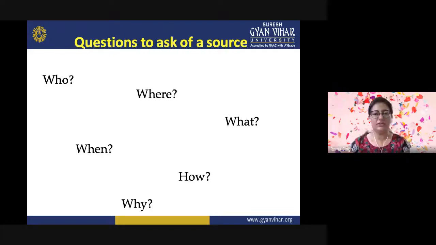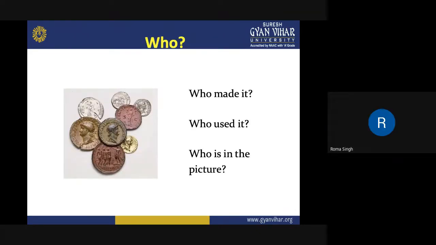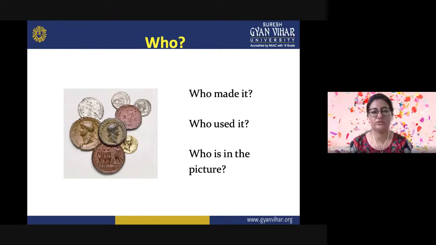A lot of questions come to us while we think of a source, like who, where, what, when, how, why. These kinds of questions should arise in the minds of the students.